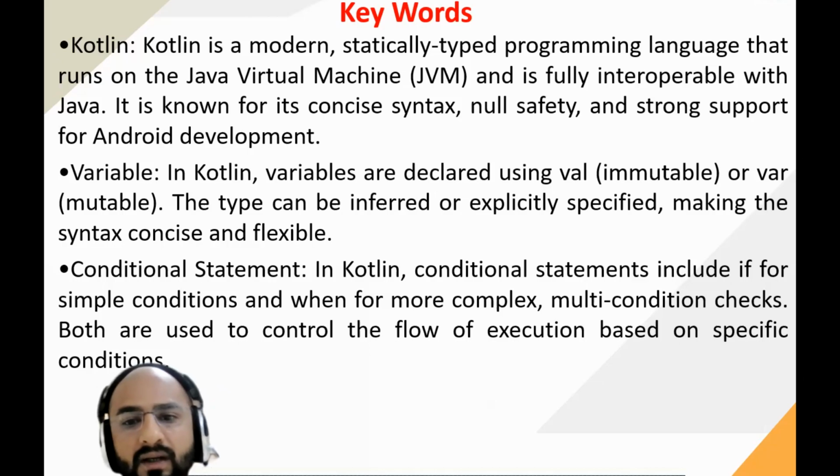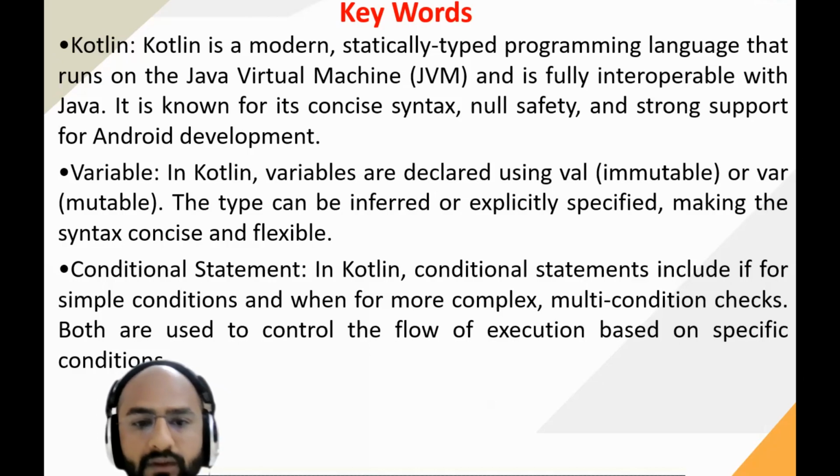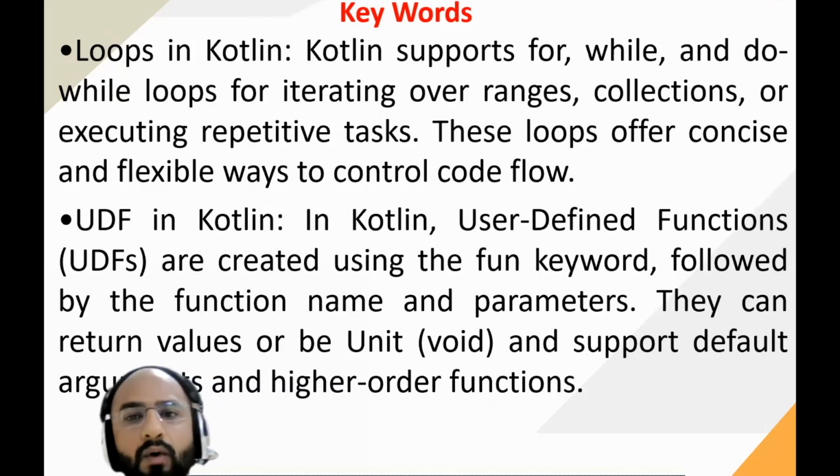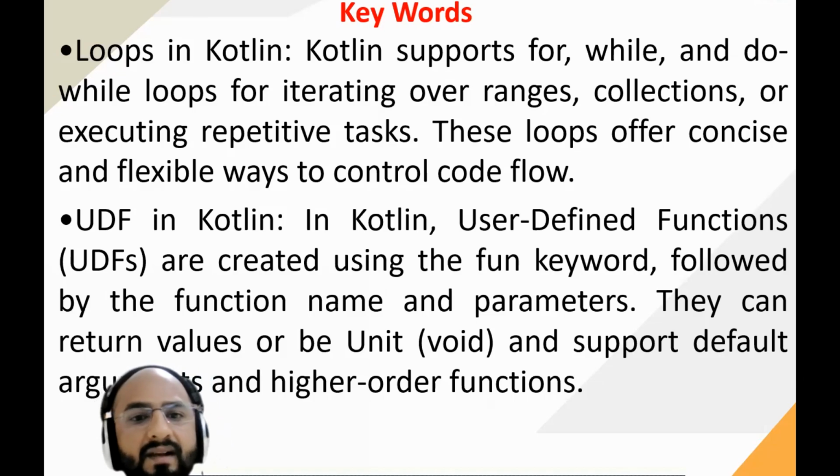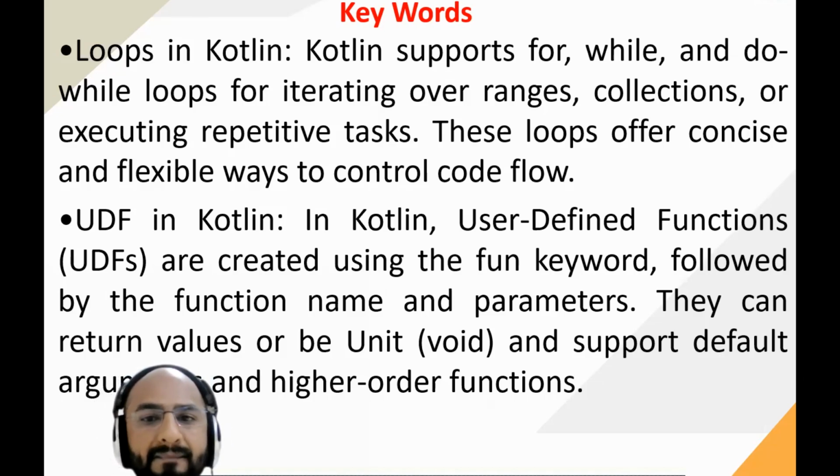Conditional statements in Kotlin include if for a simple condition and when for more complex multiple condition checks. Both are used to control flow execution based on specific conditions. Loops: Kotlin supports for, while, and do-while for iterating over ranges, collections, or executing repetitive tasks. These loops offer a concise and flexible way of controlling flow.